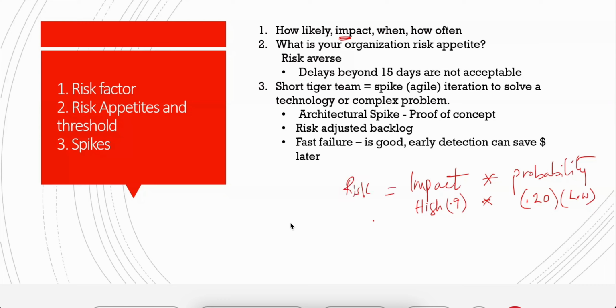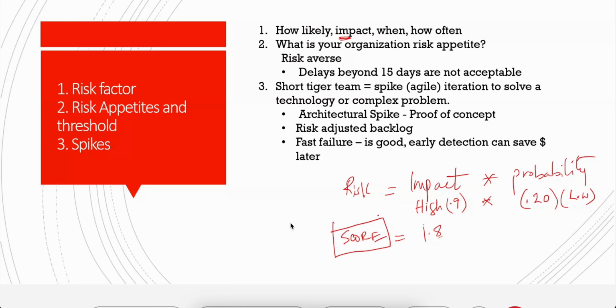If you do it numerically, it'll give you a numeric number, and that is considered the risk score. Risk score is good to know, and it comes from multiplying the impact with the probability.